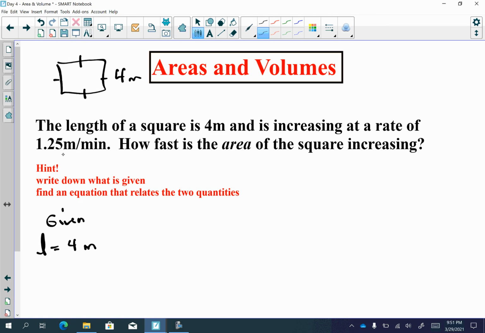Now this here confuses some people. Check it out. That's the rate at which the length is increasing. Notice the units. It's a linear unit, so it's going to be a length, but it's per unit of time. So in differentiation notation, that would be my dL over dt.